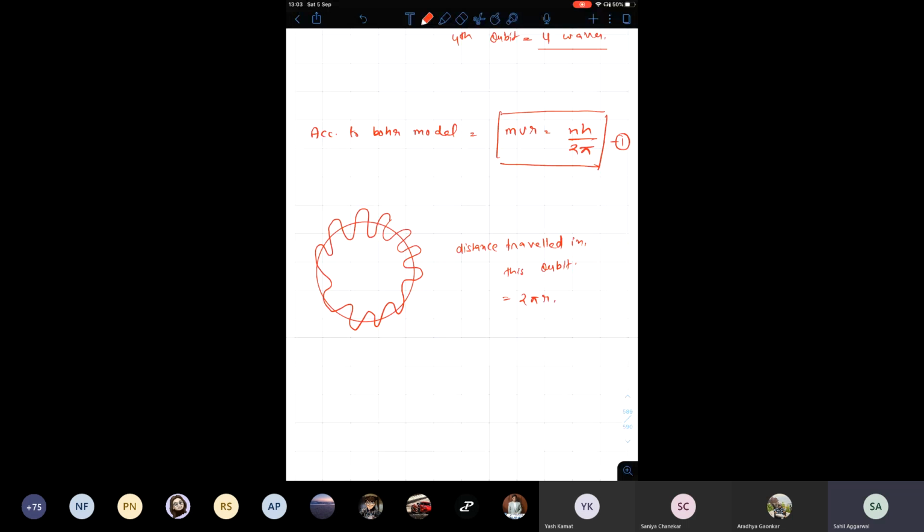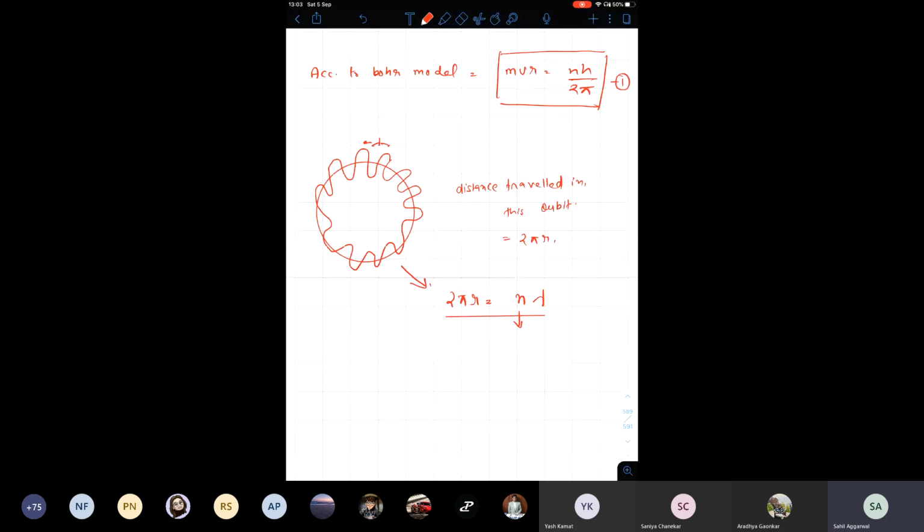So we can say we have n times this lambda. 2 pi r is equal to n times the lambda, where n is the number of waves.